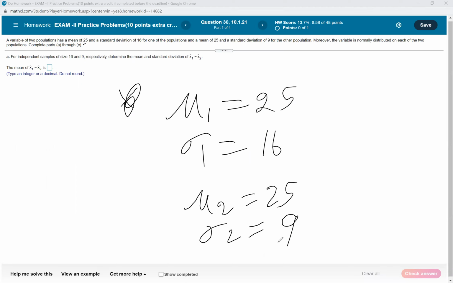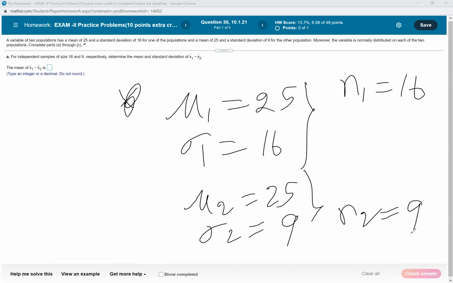Moreover, the variable is normally distributed, so this one is normally distributed and this one is also normally distributed. For independent samples of size 16 and 9, so n1 is 16 and n2 is 9, determine the mean and standard deviation of x1 bar minus x2 bar.